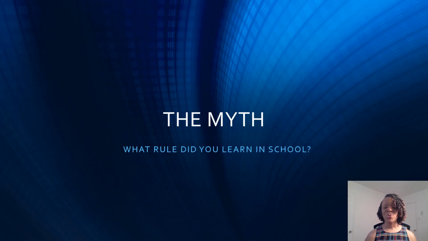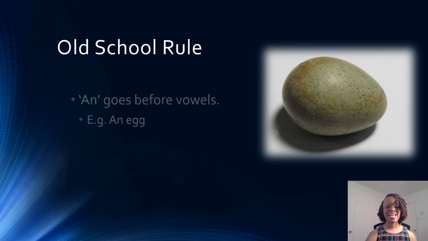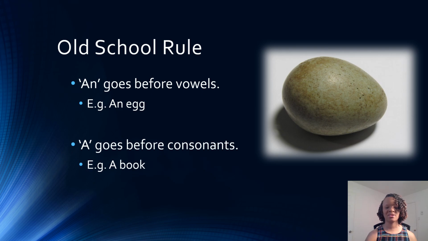The myth. What rule did you learn in school regarding the use of a versus an? I think we all learned this old school rule, which is an goes before vowels such as an egg, and a goes before consonants such as a book.